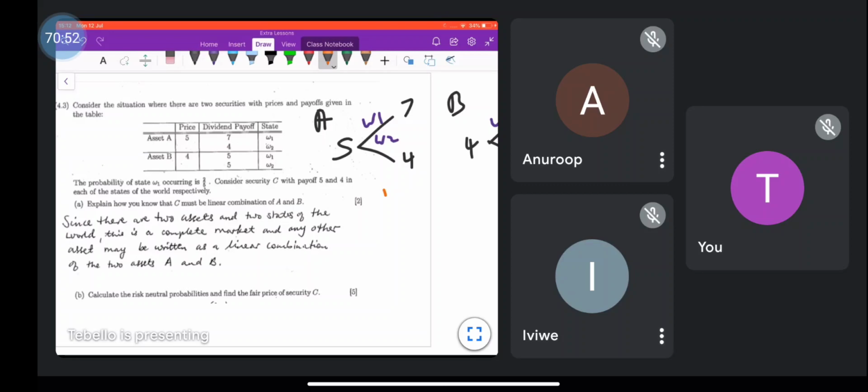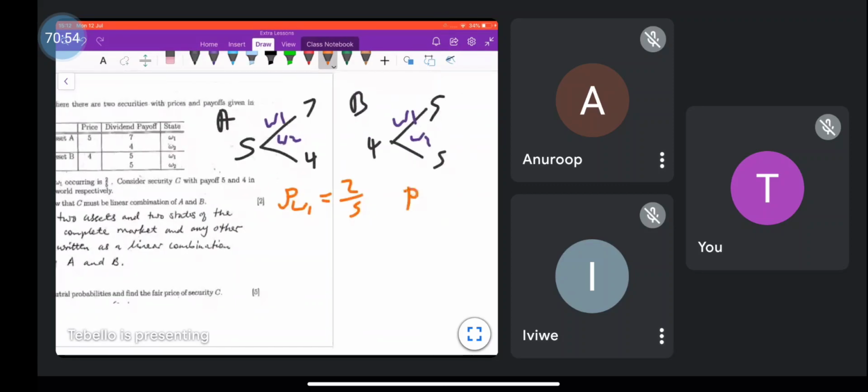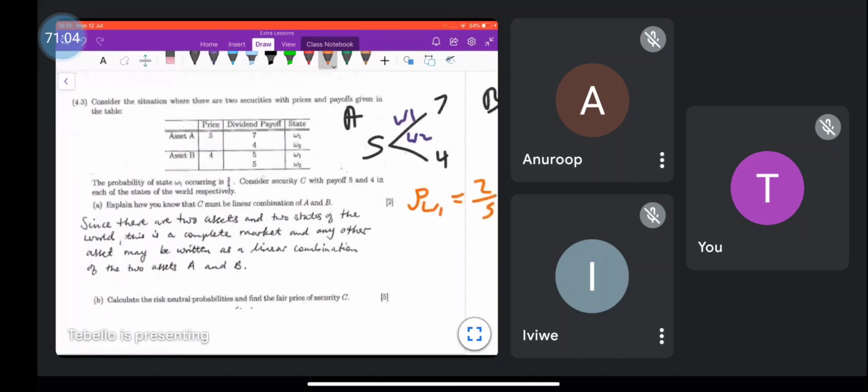So this simply means that the probability of state 2 is going to be 3 over 5, because they should both add to 1. And then they say to consider another security C, which has a payout of 5 and 4 in each state.